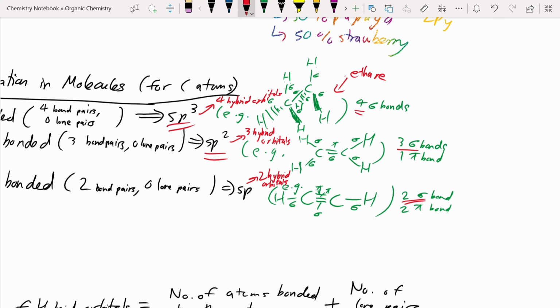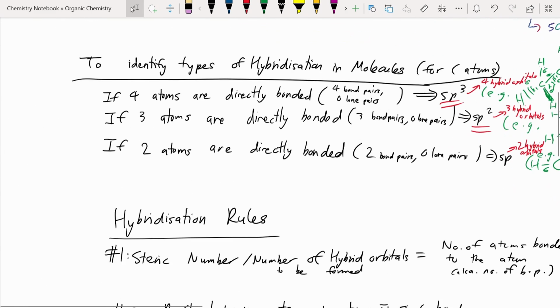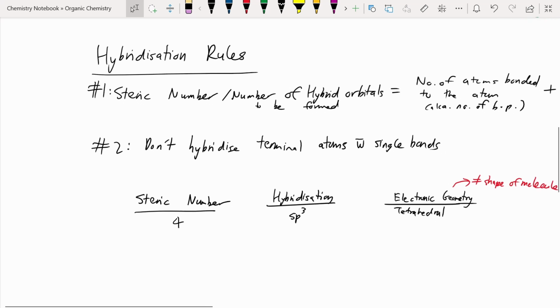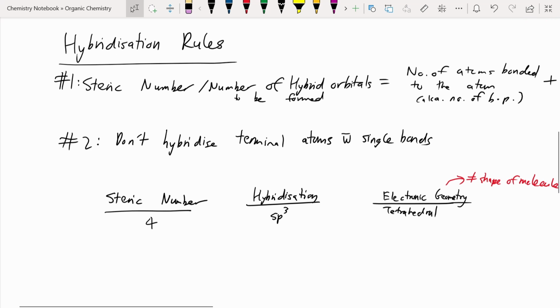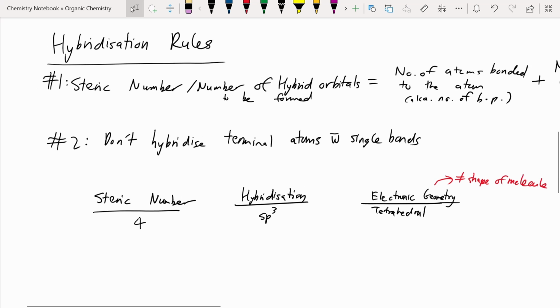Other than carbon atoms, there are also other atoms whose atomic orbitals can be hybridized. For example, nitrogen and oxygen are also possible.